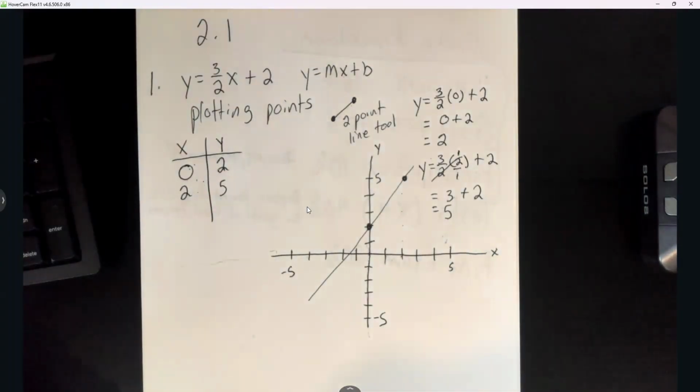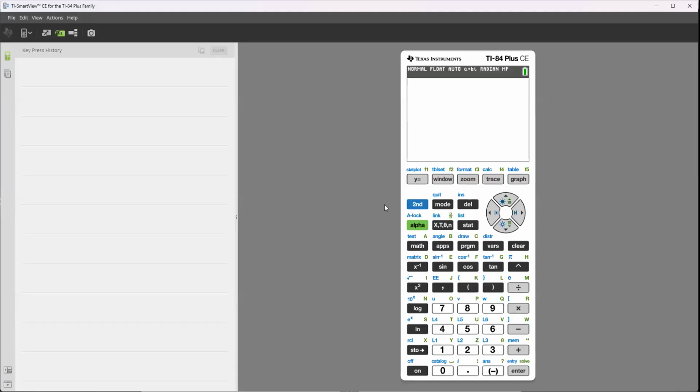So y'all watch what's cool about this class. Let me share a little thing that you're going to want to get, and that is a TI-84 calculator. So we go to y equals, any graphing you do is that top left button that says y equals.